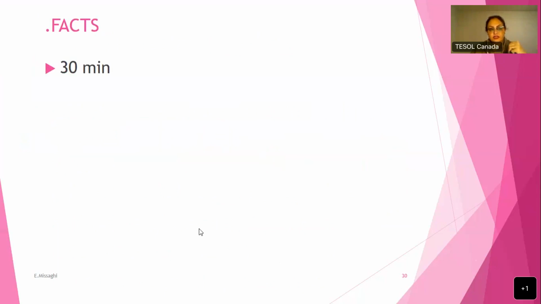It lasts for 30 minutes. For the paper-based test, 10 minutes to transfer the answers to the answer sheet. Okay, so you have 10 minutes to transfer the answers from the textbook to the answer sheet.